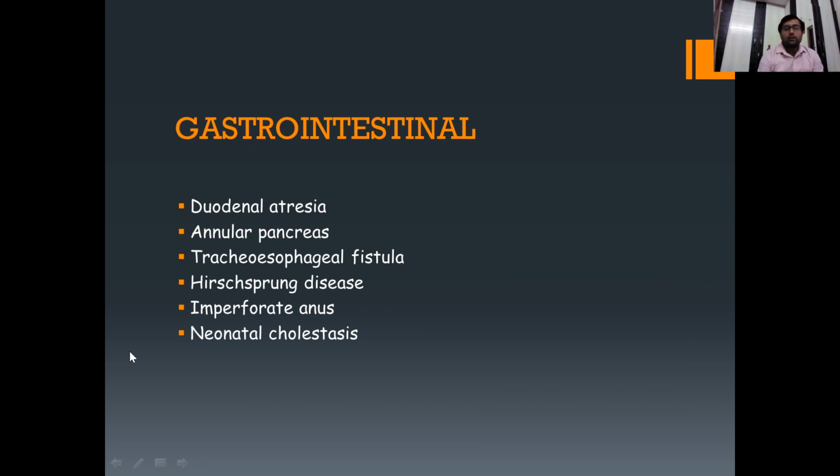Now what gastrointestinal anomalies are seen in Down syndrome? These are duodenal atresia, annular pancreas, tracheoesophageal fistula, Hirschsprung disease, imperforate anus, and neonatal cholestasis. So if we see a child with Down syndrome, which means a newborn born with typical Down facies, then we have to search and rule out these anomalies.